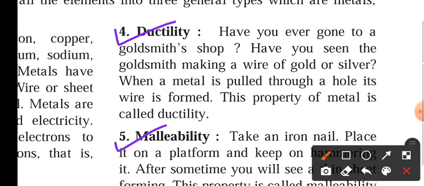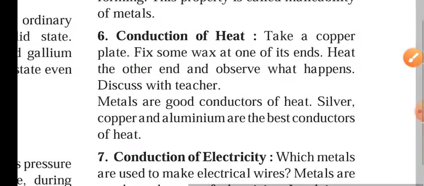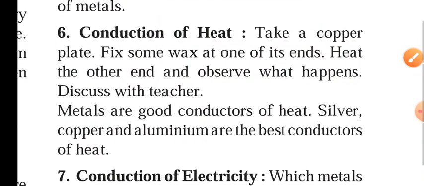You know very well that metal sheets are used in die casting gold ornaments, or to make kitchen utensils, the various pots available in the kitchen. They are all made up of metal. And this is possible only because of one property of metals, and that is malleability.